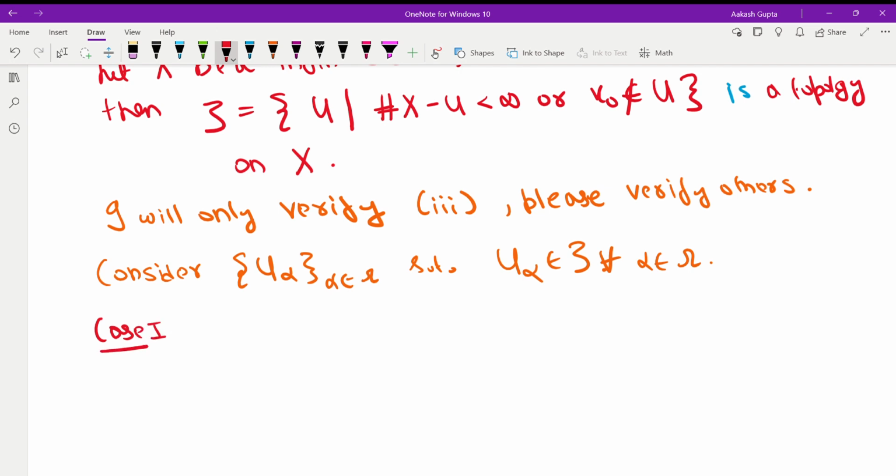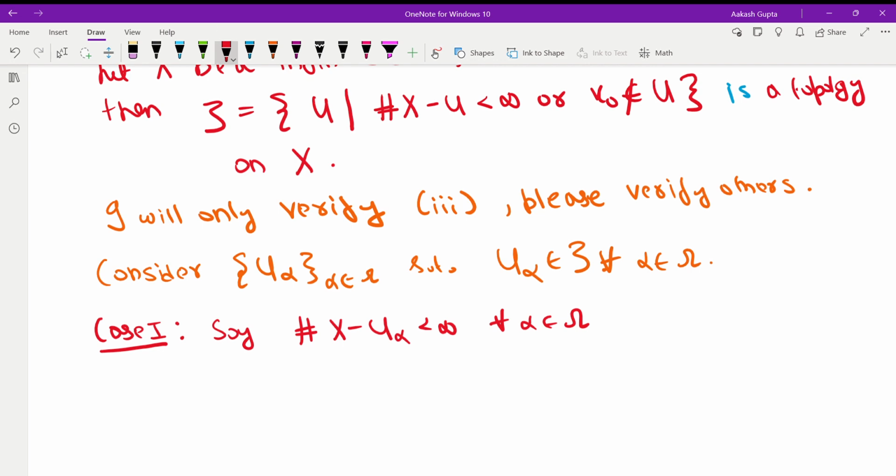So how to make those cases? Case 1. Let us assume all of these sets satisfy the same property. So say the cardinality of X minus U alpha is finite for every alpha in omega. This you can do.